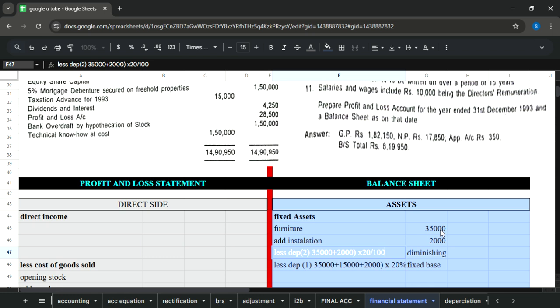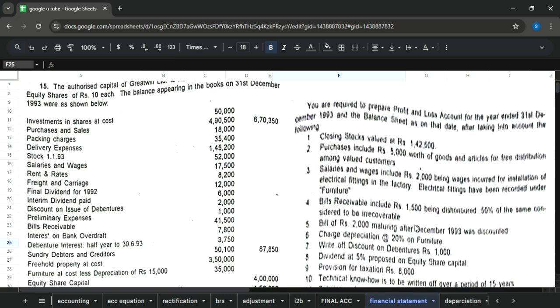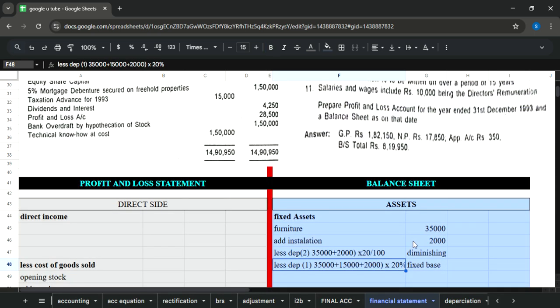So in this way you can follow any of the methods. First method was fixed base method, second method was diminishing, and here in our question it has not been described which method to be followed. So if you see the same situation in your papers, you are very open to opt method number 1 or method number 2.